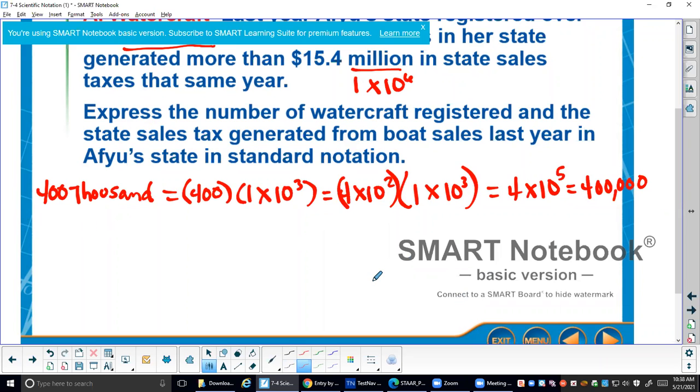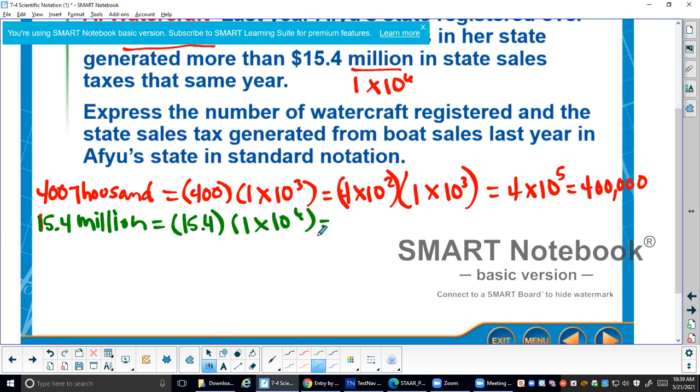All the same. Okay. You could also have, in a little different color, 15.4 million. Okay. You could have 15.4 times 1 times 10 to the power of 6, which is, of course, the same as 1.54 times 10 to the power of 1. And this is 1 times 10 to the power of 6, which should get you 1 times 1.5 is 1.54.